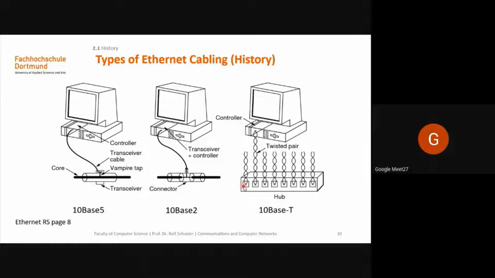In that way, the device emulates a bus, even if this topology is a star or star tree topology.